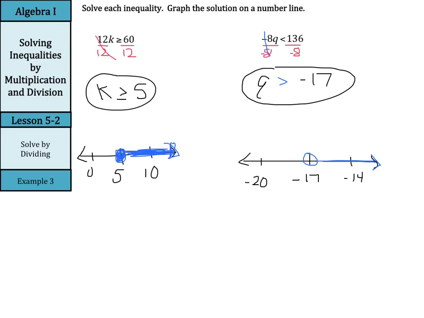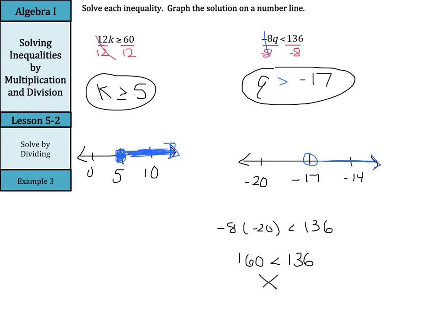You could, say, put in the negative 20 in for q in the original. So you could say something like, okay, negative 8 times negative 20 needs to be less than 136. Well, negative 8 times negative 20 is 160. And 160 is not less than 136.